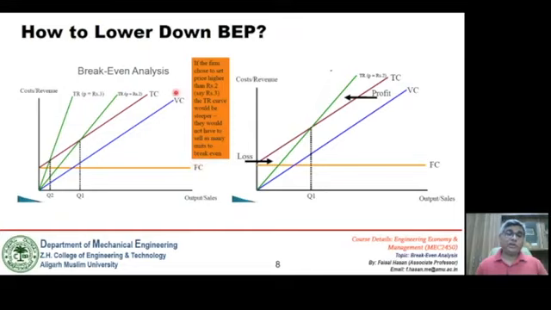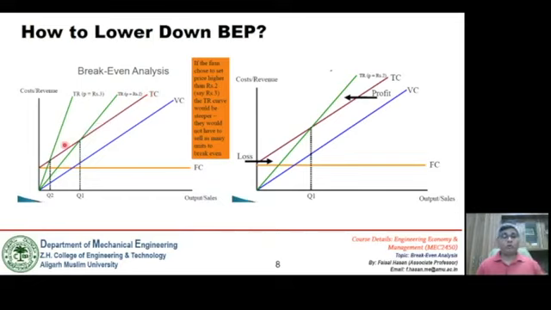What we can change is just the variable cost associated with the production. If we reduce the variable cost, then the slope of the total cost line will be lower as compared to the previous one, and in that case also we will have a break-even point much earlier than what we have when the total cost line is like this.